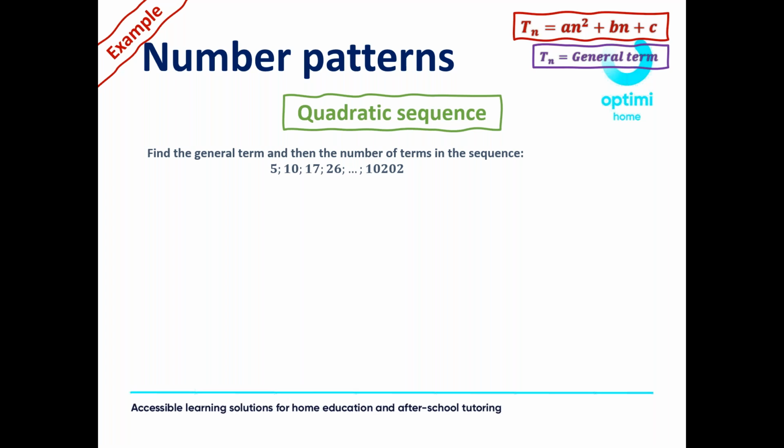And what will be your first step? My first step will be, okay, let me see if I can get a common difference. 10 minus 5 is 5. 17 minus 10 is 7. Oh, there's a difference. Do you see that that is not a common difference there?